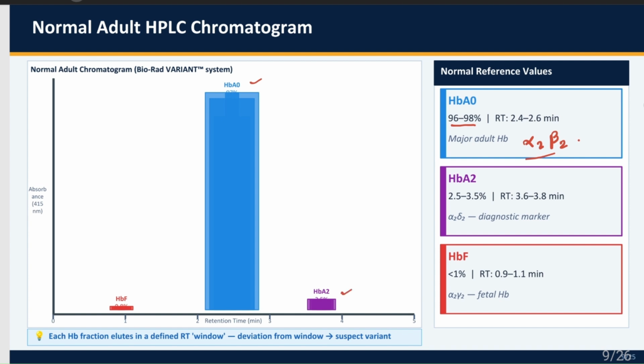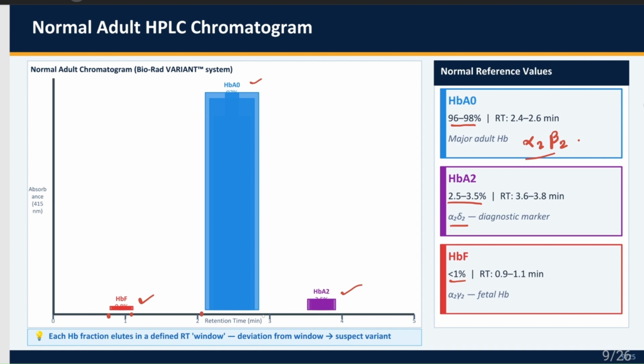It shows HbA2 of around 2.5 to 3.5%, that is, alpha 2 delta 2 chains are present in HbA2, and HbF is less than 1%, which has alpha 2 gamma 2 chains. Each hemoglobin fraction elutes in a defined RT window. This one is the RT window for HbF.